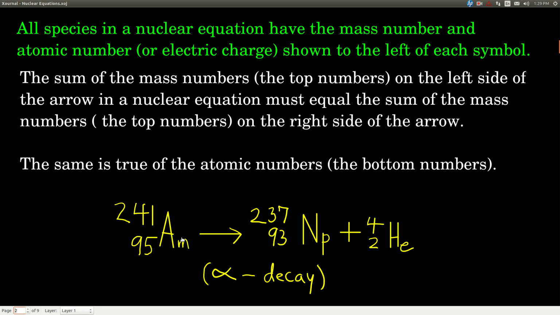For example, here, americium-241 is undergoing alpha decay to produce an isotope of neptunium-237, neptunium. And so if we look at the top numbers, there's just 241 on the left, 237 plus 4 on the right adds up to 241. 95 on the left for the bottom, 93 plus 2 adds up to 95 on the right.